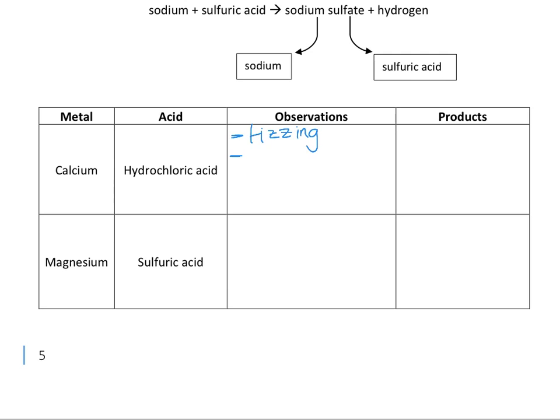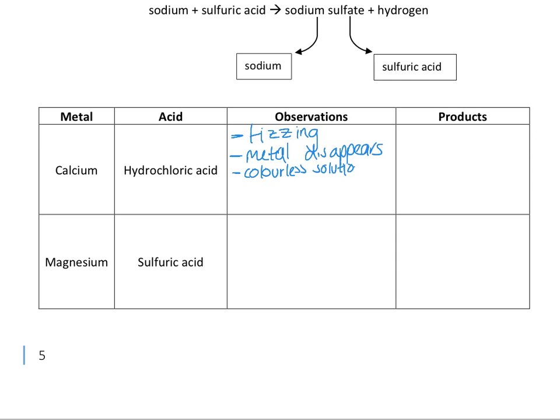Another thing we noticed is that the metal disappears. So the calcium eventually disappeared as it reacts with all the acid. The next thing we're thinking about is the colour of the solution that we formed. Well, we didn't form a coloured solution, so we just say colourless solution formed.